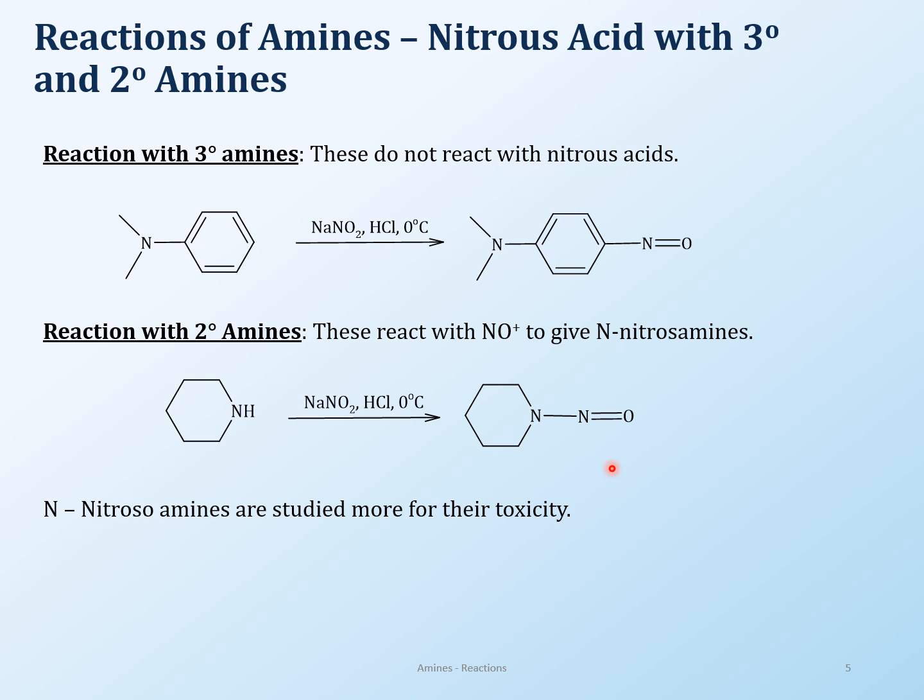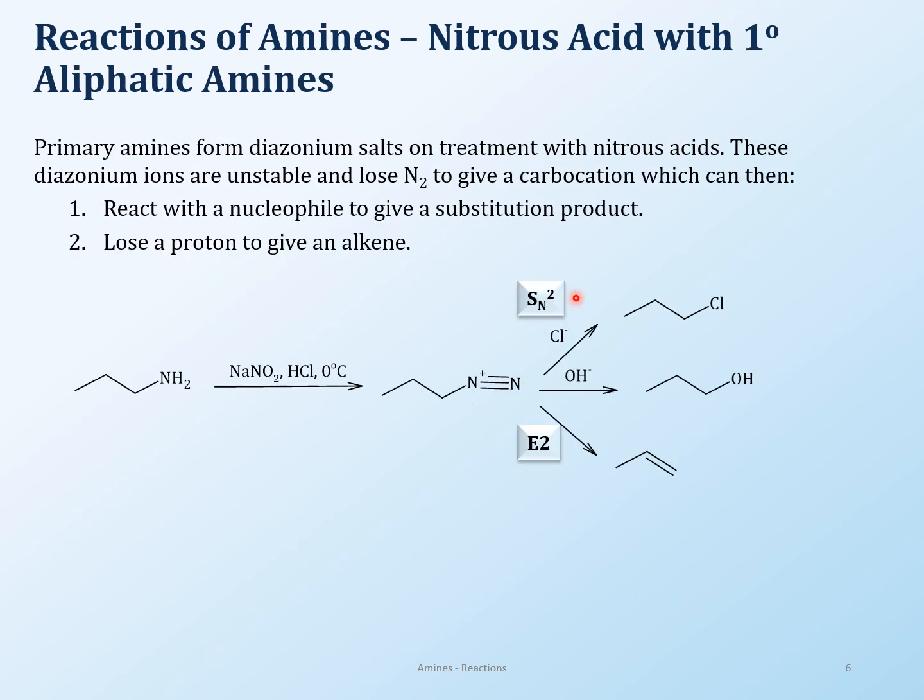Synthetically speaking, not useful. Synthetically speaking, only primary amines will be useful for this. So here is nitrous acid with primary amine. If you take a primary amine and treat it with nitrous acid, you end up forming this kind of compound, which is called a diazonium salt.